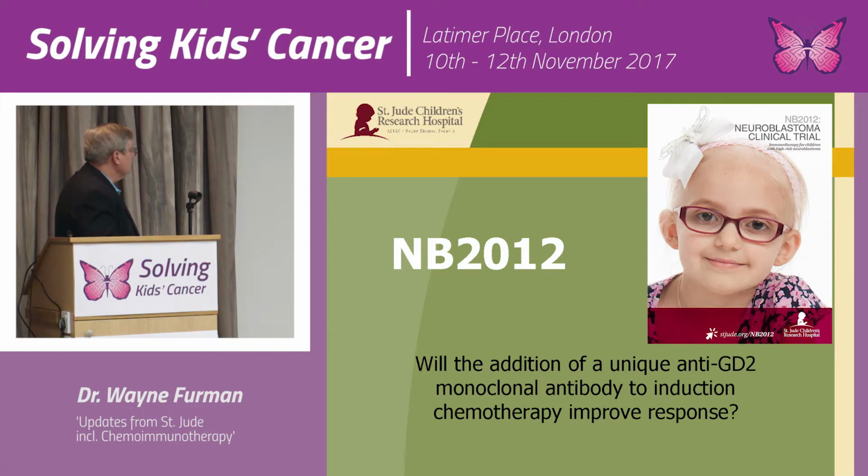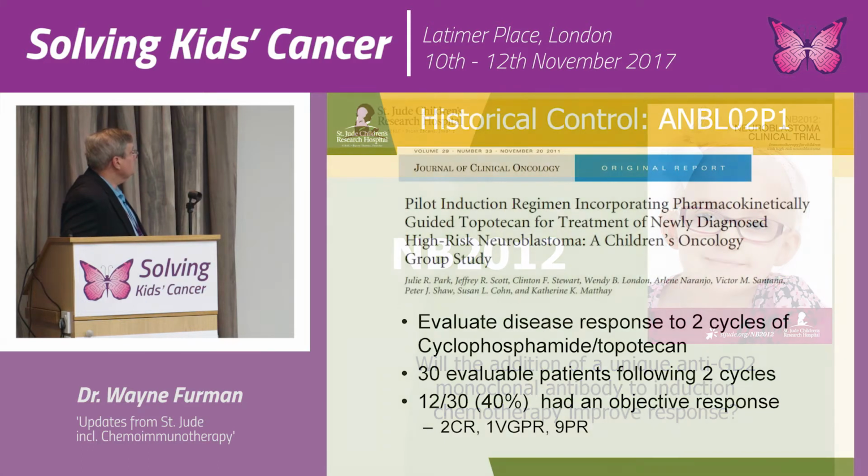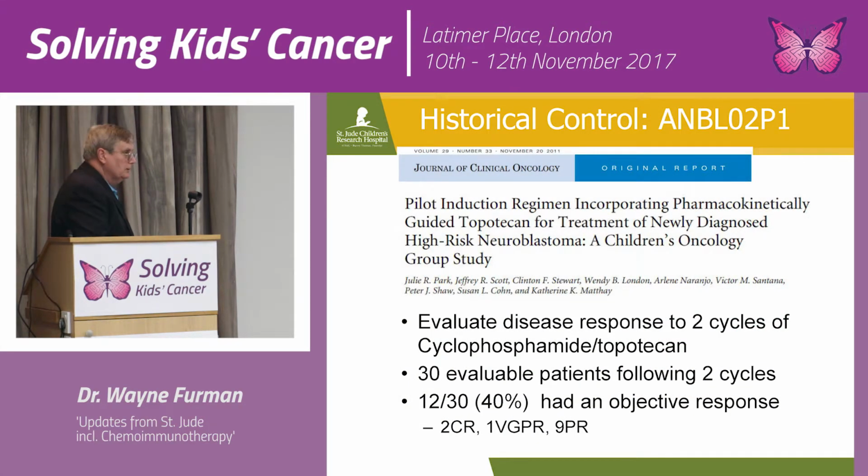And the goal of our trial that we've called MB 2012 was, could the addition of this antibody, when given with induction chemo, improve our response rate? So, you know, the gold standard would be a randomized phase 3 trial, which would take the whole Children's Oncology Group 5 years to do.